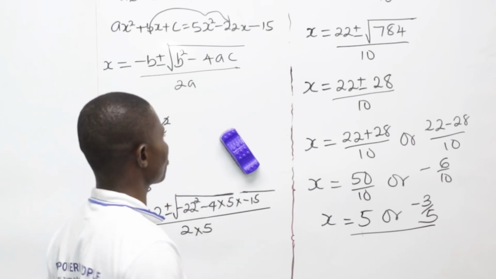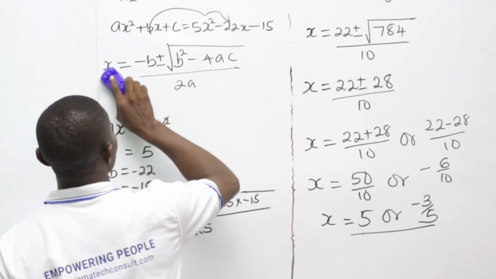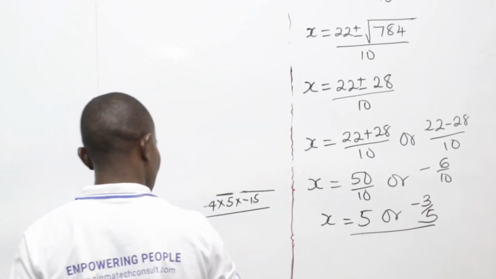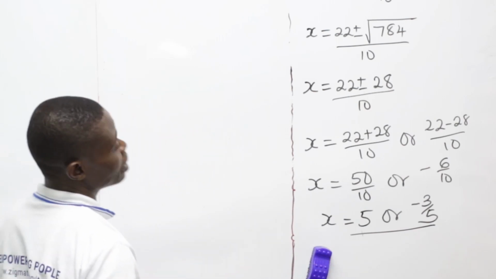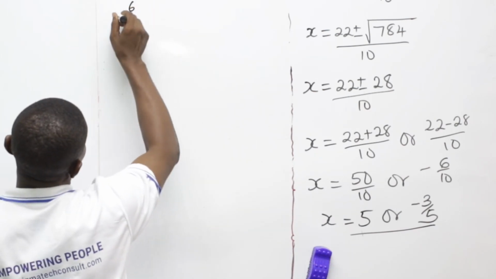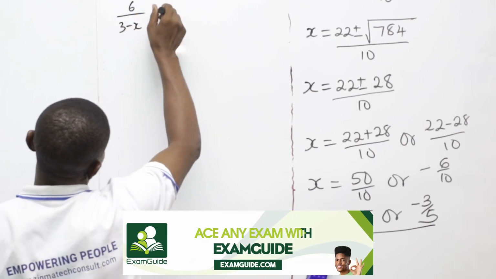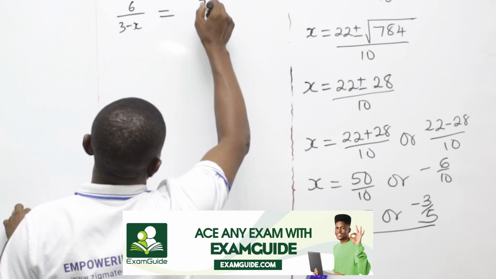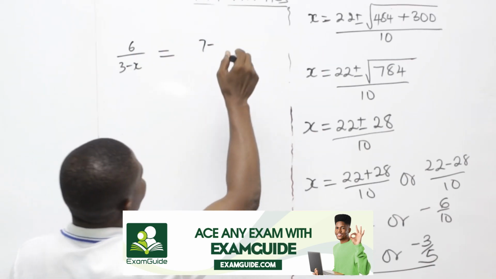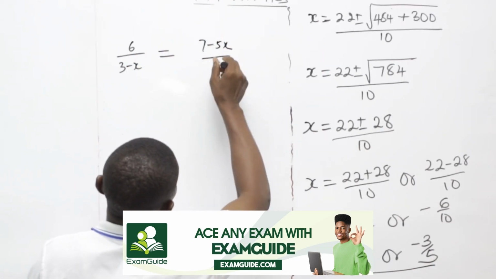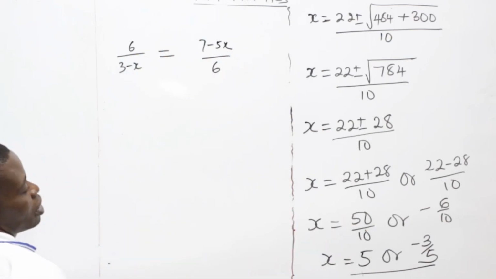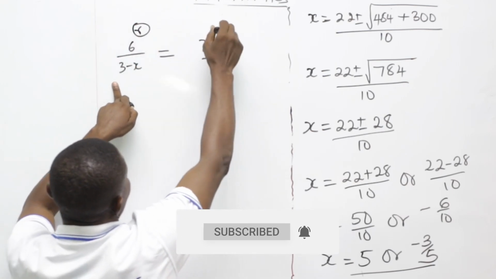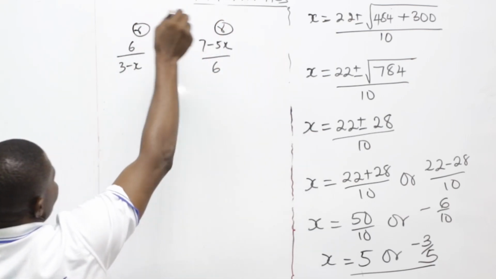Now let us look for the common ratio. Recall back again. We said that 6 all over 3 minus x is the same thing as 7 minus 5x all over 6. Now, as common ratio 1, common ratio 2, either this or this.